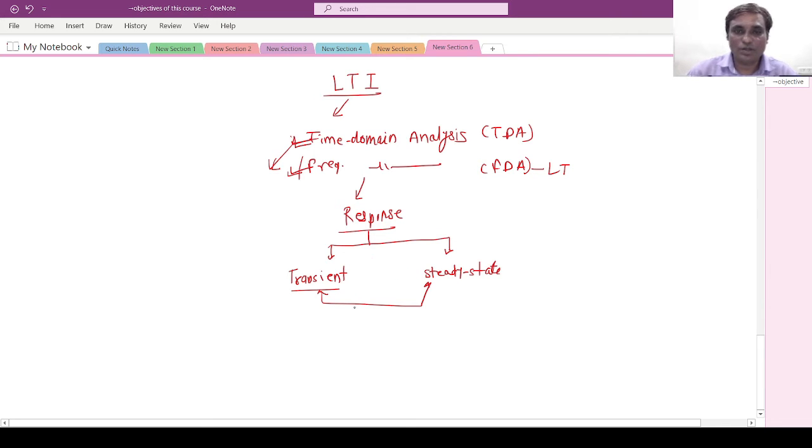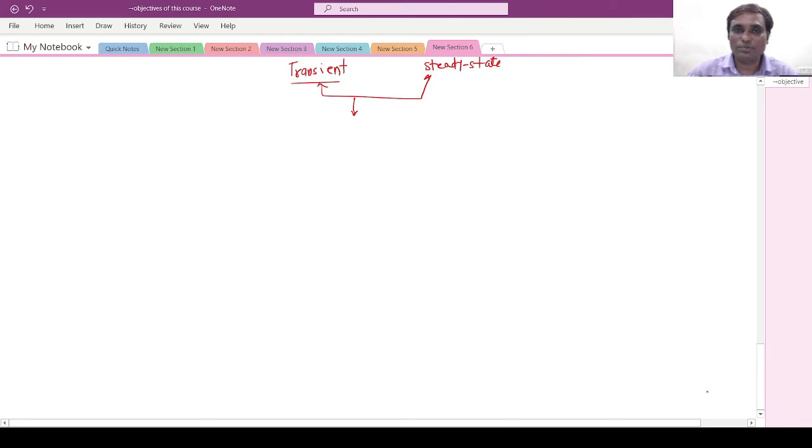Now, talking about the response, there are basically three responses we will study in this course. One is the impulse response, second is the step response, and third is the sinusoidal response.